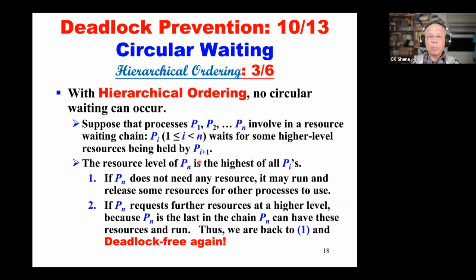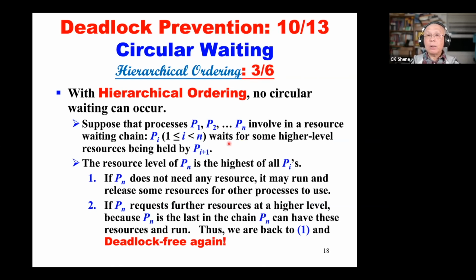Here, I provide you with an intuitive explanation. The next slide will prove it very easily. Now, suppose we have a number of processes, P1, P2 to Pn, involved in the resource waiting chain. That's P1 waits for P2, P2 waits for P3, and Pn-1 waits for Pn.